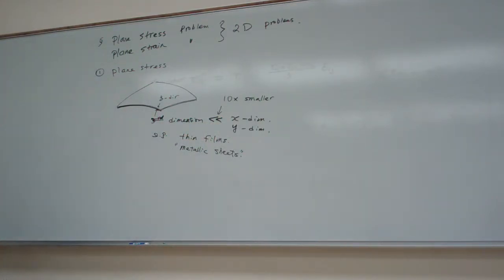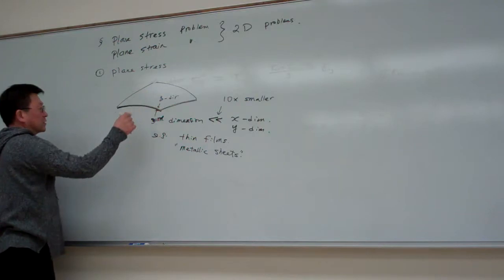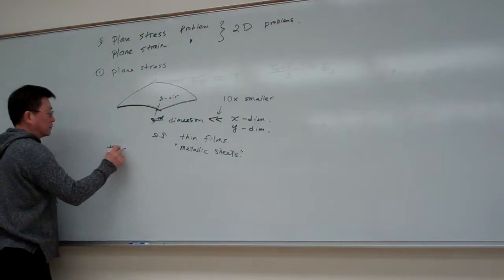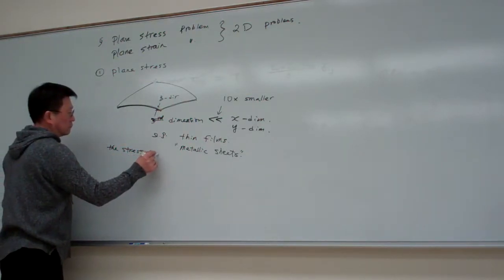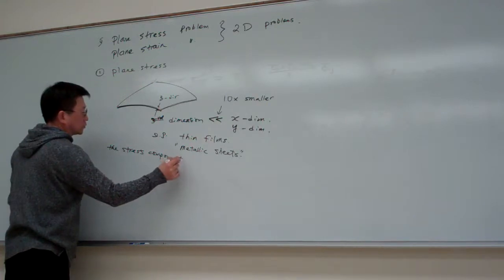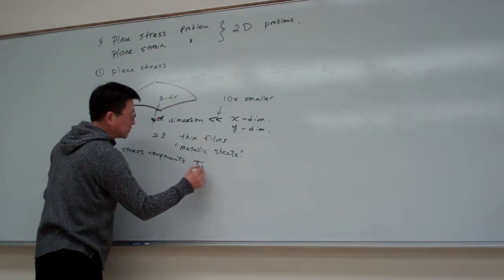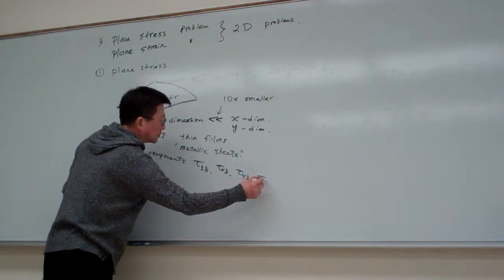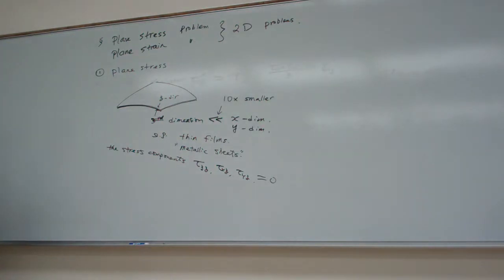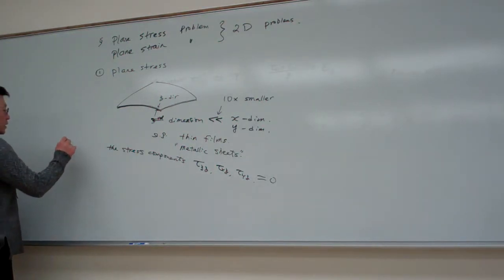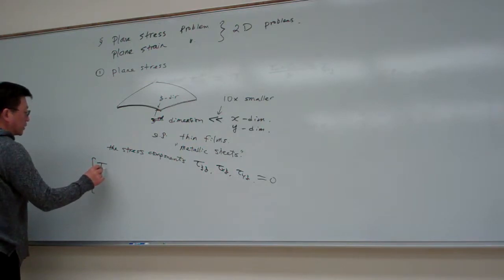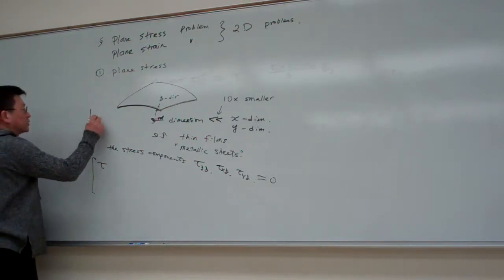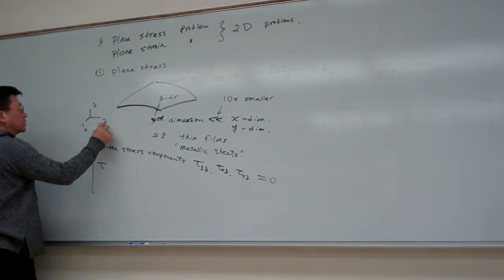Okay, so under these situations, if we assume the z direction is the thin direction, then the stresses associated with the z plane, tau zz, tau xz, and tau yz, are basically all equal to 0. So if we have the stress components, allow me to exchange the symbols 1, 2, 3 to x, y, z.